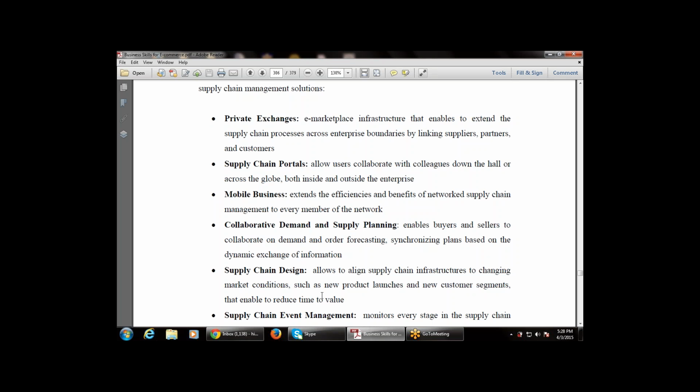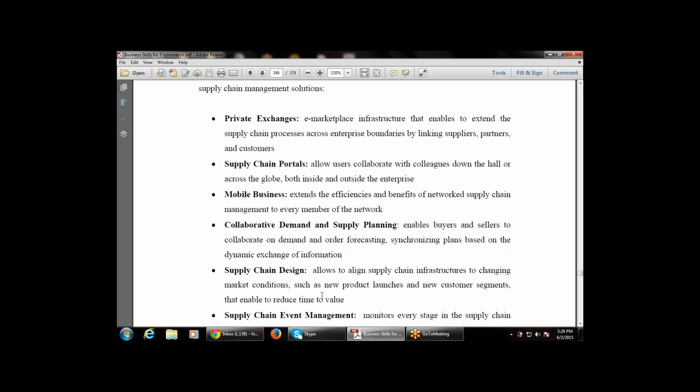Then mobile business, that is, a proper mobile network used for communication between the networks. Then collaborative demand and supply planning. There will be proper coordination between demand and supply planning, which enables the buyer and the seller to collaborate on demand and order forecasting. That is, if there is high demand, will the supply increase or not?